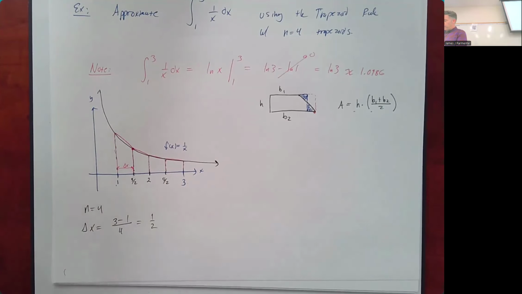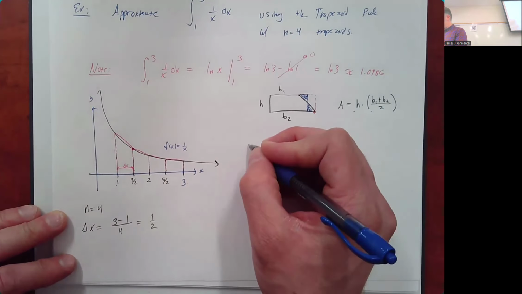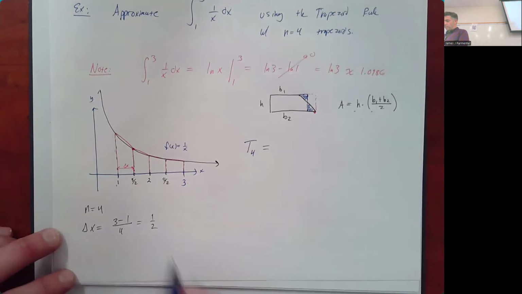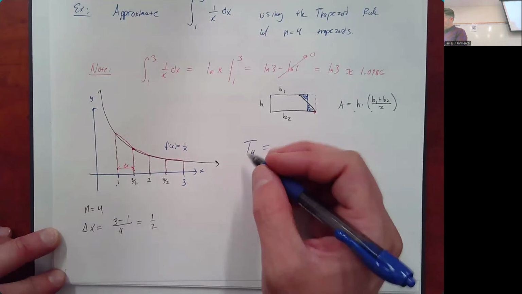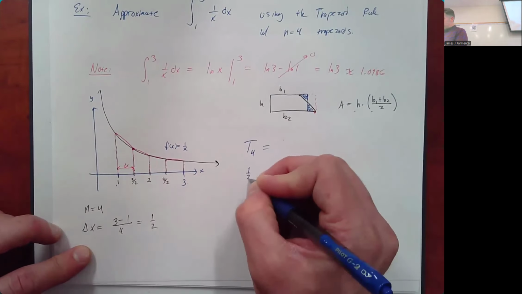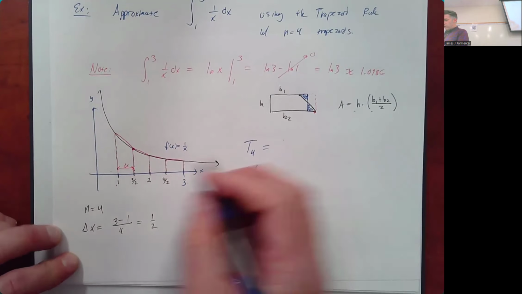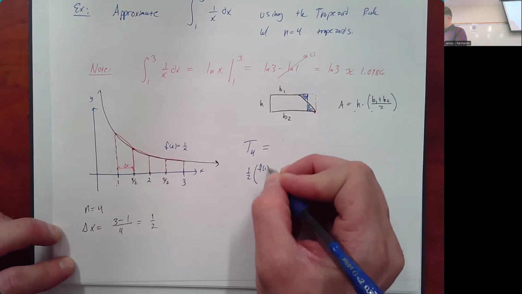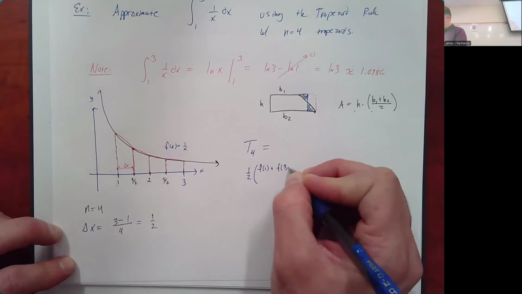So to find the area of my trapezoids, or I should say my 4 trapezoids, let's write it down. So the first trapezoid is going to have an area of the height, which is 1/2, times the average of the bases. So my average of my bases is going to be f of 1 plus f of 3/2 divided by 2.